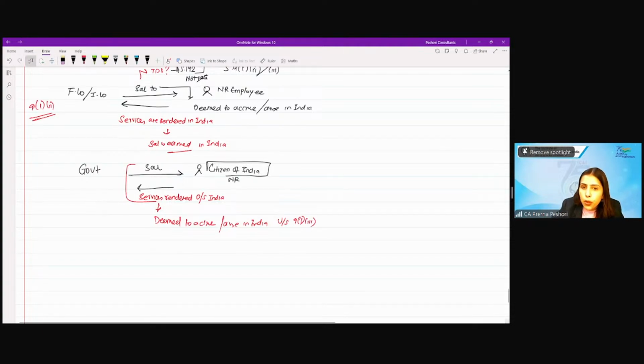Are you getting this point? However, any allowances and perks paid outside India by the government to the Indian citizen for the services rendered outside India is exempt under 10(7). Are we clear?